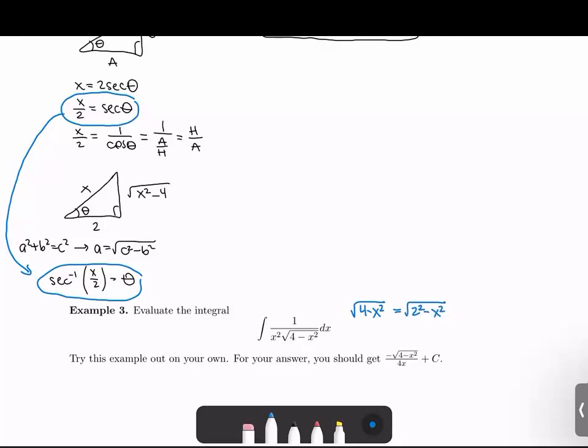Because we have that subtraction, we know that it's either secant or sine, and because our number comes first, that tells us that we're going to use the substitution x equals 2 sine theta. So that's kind of the first substitution to get you started, and there's also the answer there. So go ahead and try this one out on your own if you want.